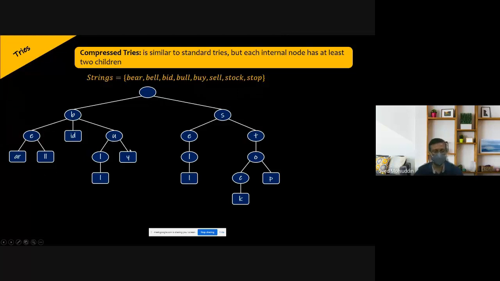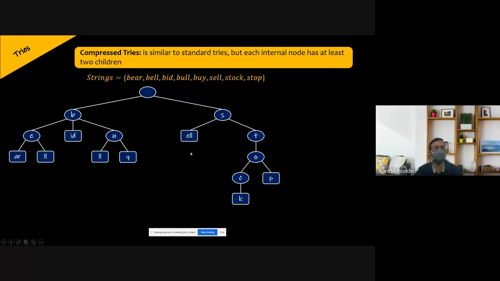Then here U has two children, but L has only one child, so this can be compressed and we have L. Over here we have L. There is only one child for L, so we can compress this into node LL. Once we compress this, we have node E. Node E also has only one child with LL, so we can again compress that to make this node ELL.